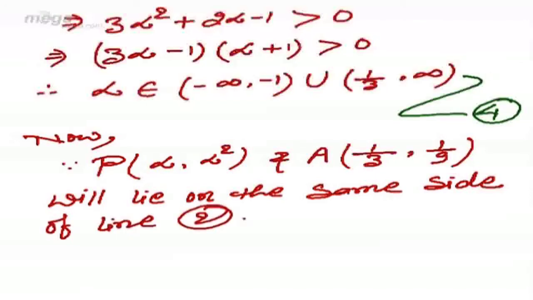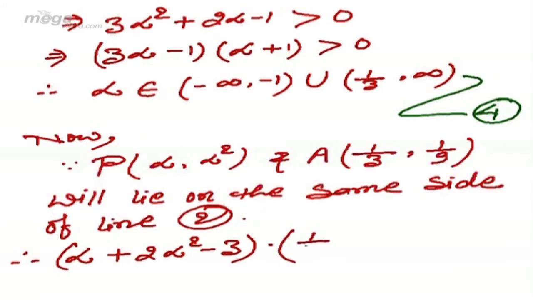So again using the same condition, when you substitute P and A in line 2, it will give the same sign. Hence we will get here alpha plus 2 alpha square minus 3 into 1 upon 3 plus 2 into 1 upon 9 minus 3 is greater than 0.